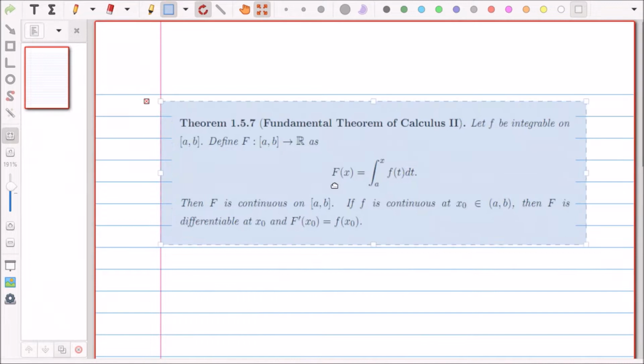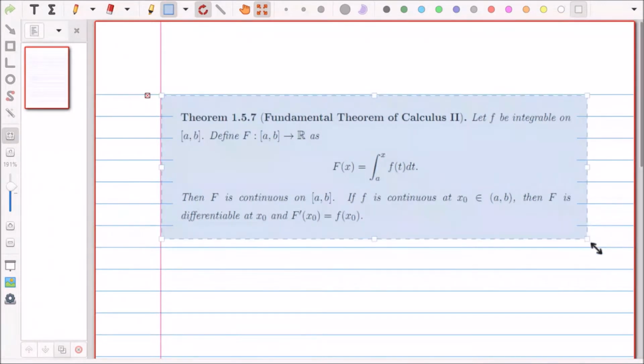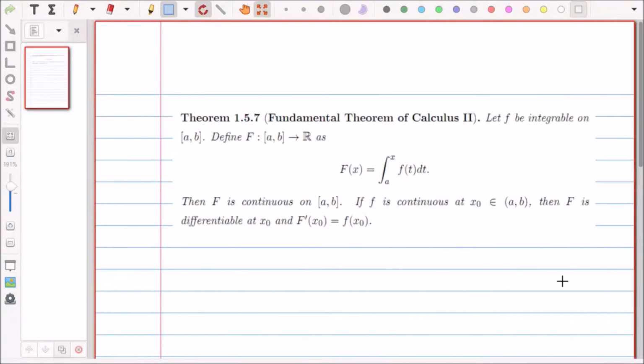It states that integration and differentiation are inverse of each other. So f is any integrable function, small f, and we define capital F to be the integral function of small f. Then the integral function is always continuous, whatever f may be.